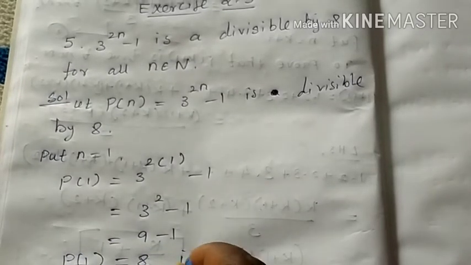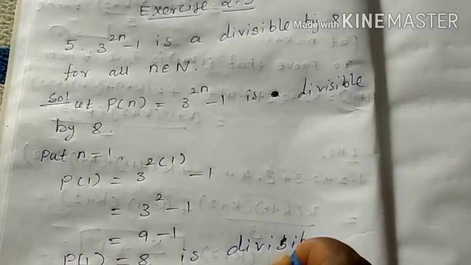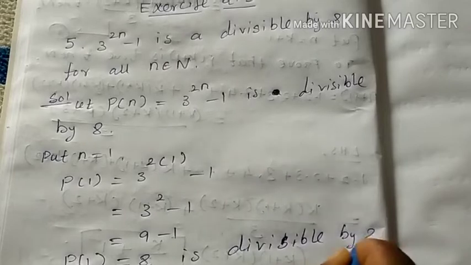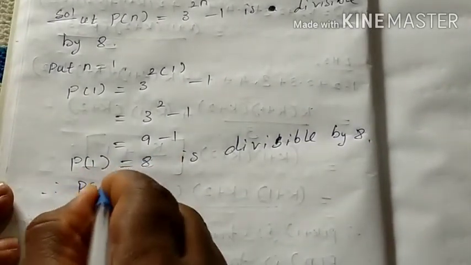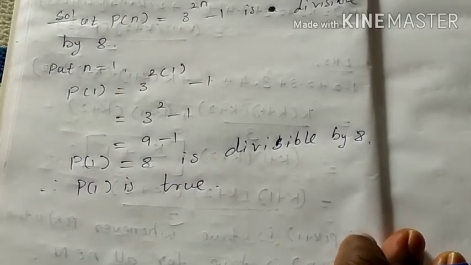This 8 is divisible by 8. Therefore, P of 1 is true. Have you understood? This is the first step.